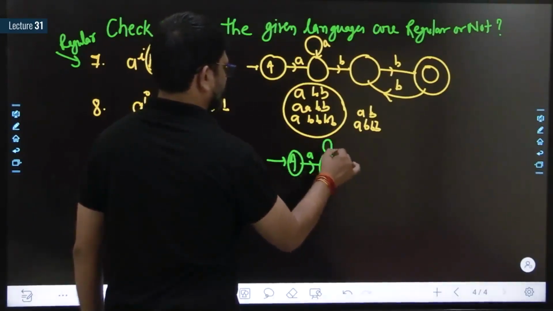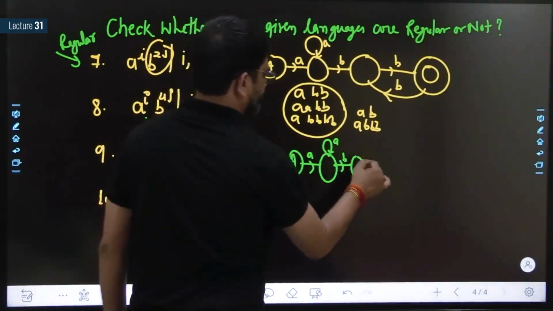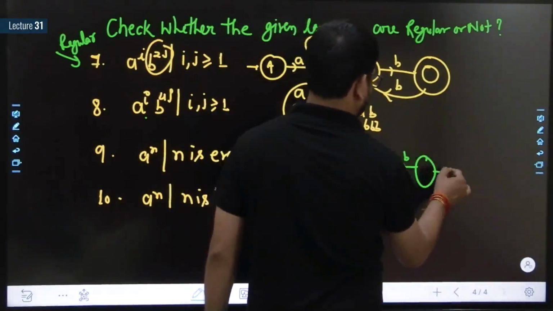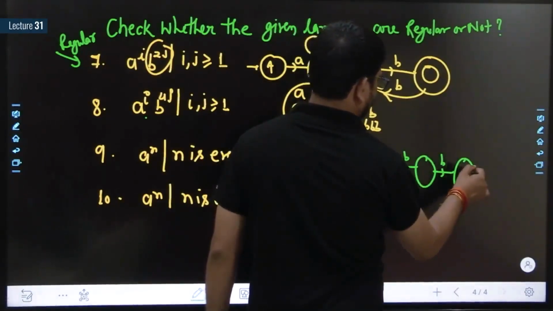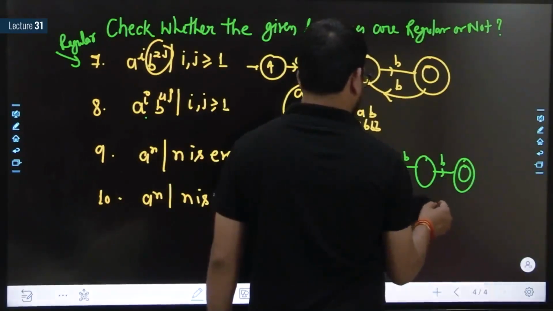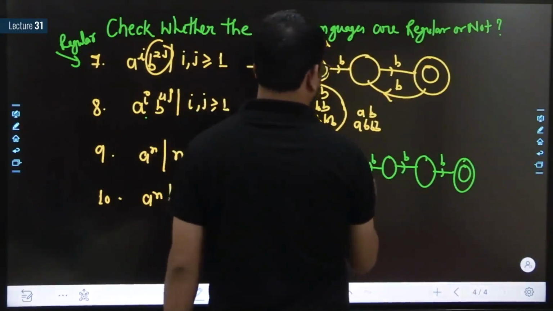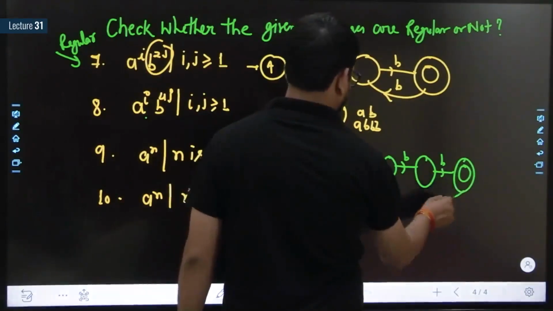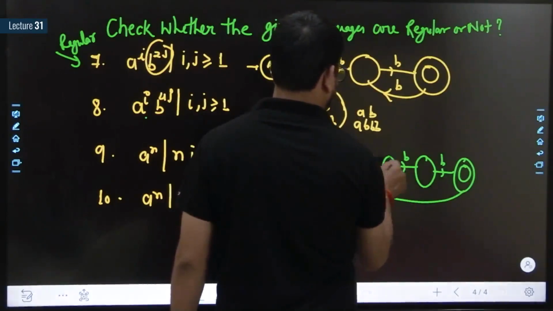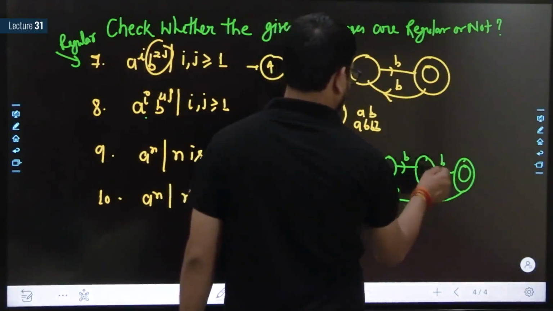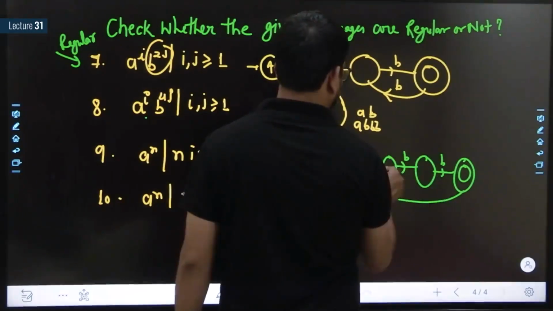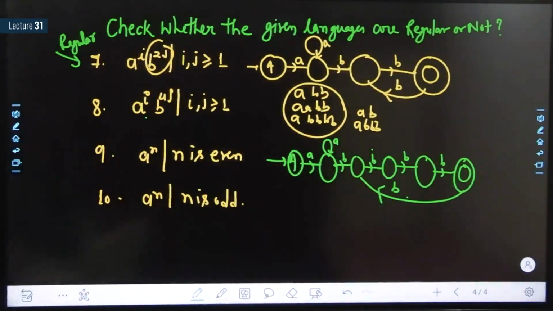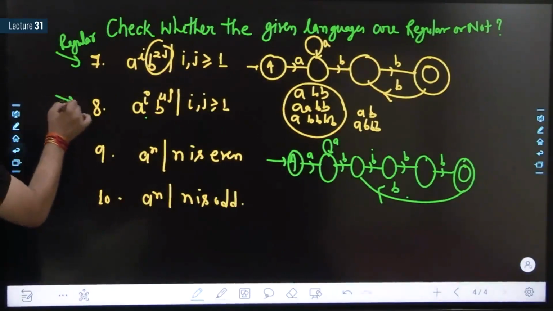A, B, B, states 3, 4, 5, 6, 7, 8. 4, 5, 6, 1, 2, 3, 4, 5, 6, 5, 6, 7, 8 is accepted, 9 reject, 10 reject, 11 reject, 12 is accepted. It means this is also regular.